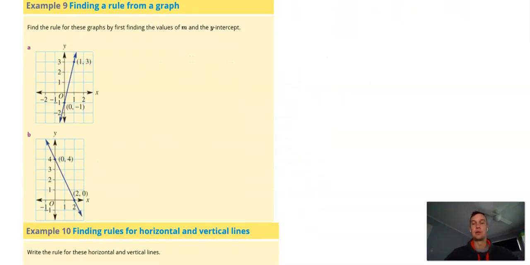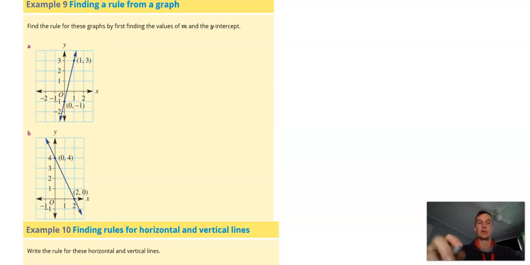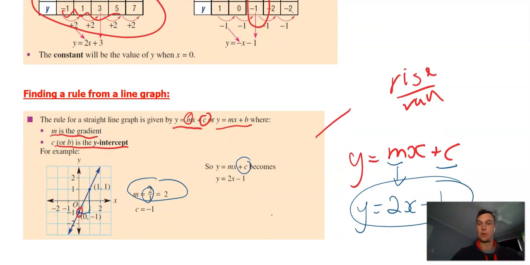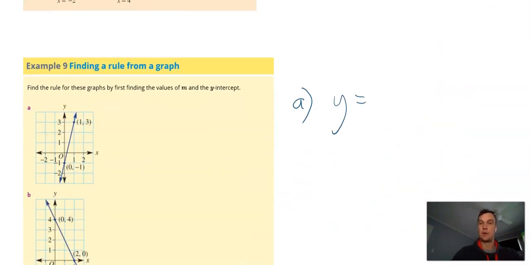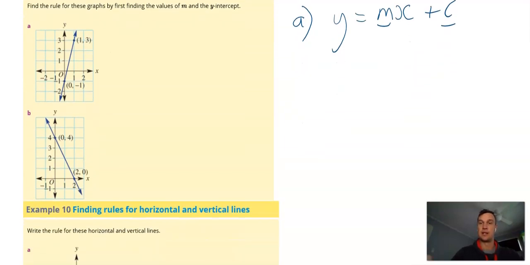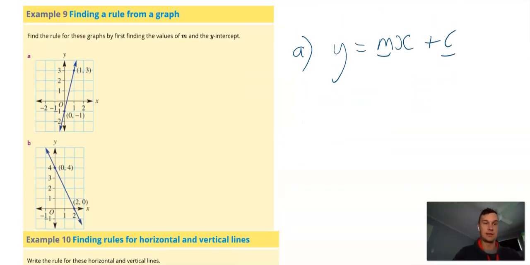Let's look at some examples to show you what this looks like in motion. We're going to do the first question. We want to find the rule for the following, and remember we need to make sure we set out our work. So y equals mx plus c. We want to find these two things, where m is the gradient. The gradient is rise over run: from these points we've got 1, 2, 3, 4, and the run is 1.